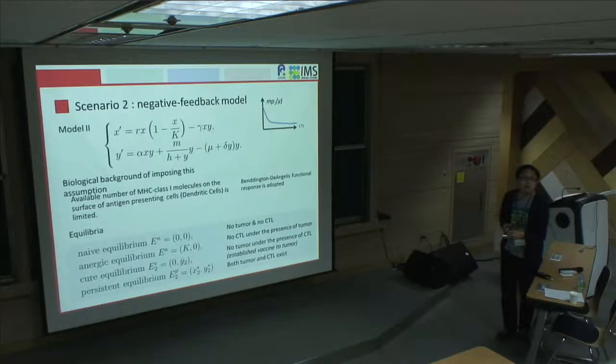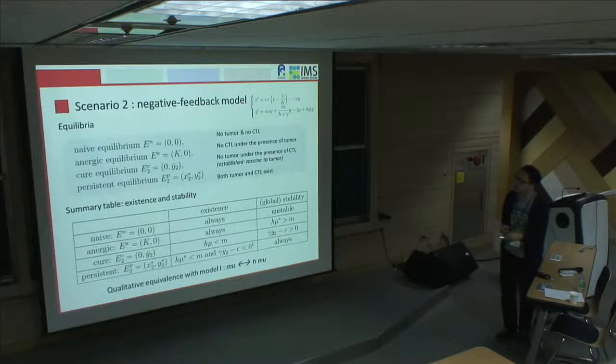Because I have to finish within 5 minutes, I will quickly explain scenario 2 and scenario 3. Basically, scenario 2 is qualitatively the same as scenario 1. We have some negative density dependent effect in the proliferation term, but essentially the same set of equilibria.